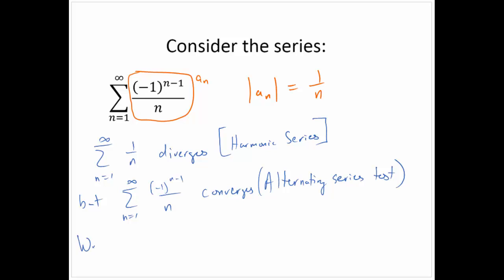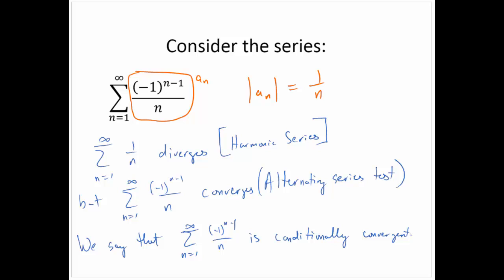We know that the original series is not absolutely convergent, because when we took the absolute values of the terms, we found a series that was not convergent. We say that sigma n equals 1 to infinity of negative 1 to the n minus 1 over n is conditionally convergent. In the previous example, we took the absolute value and found that the new series converged.